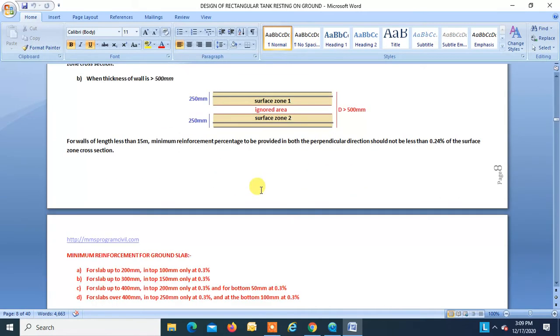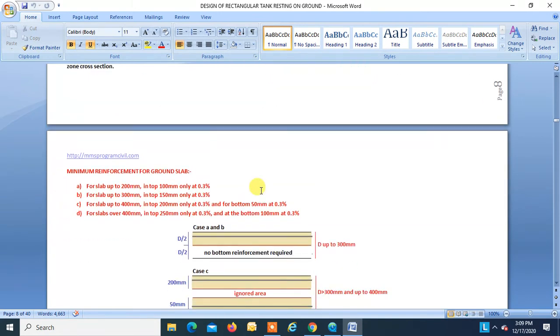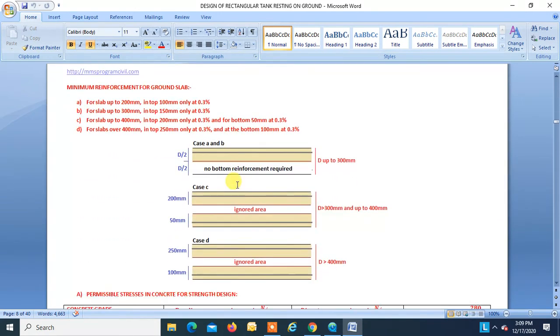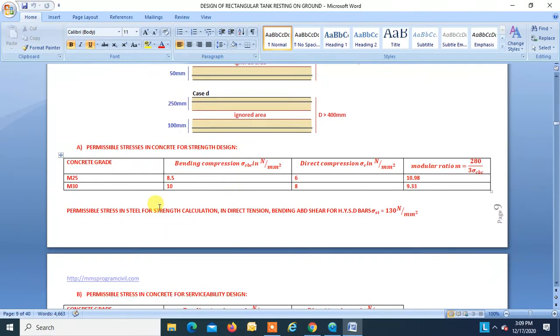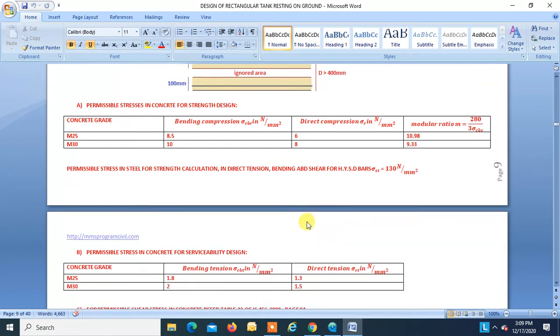Whatever I am taking in this example, at all places when I mention sigma st, that is for HYSD bar. I have not taken mild steel anywhere. So this is equal to 130 Newton per mm square.